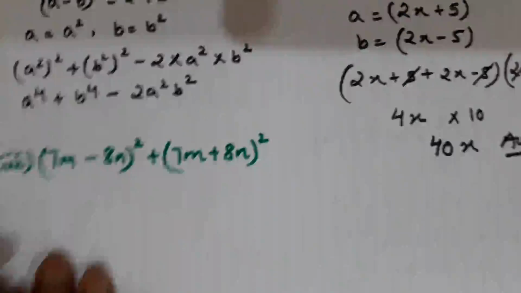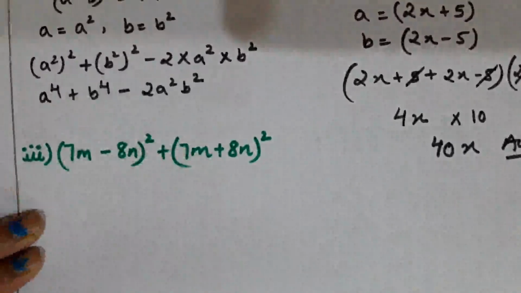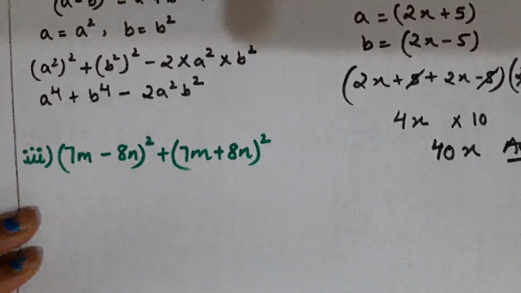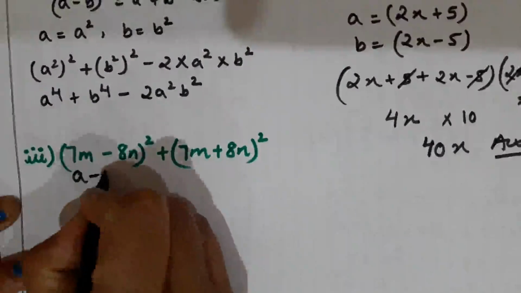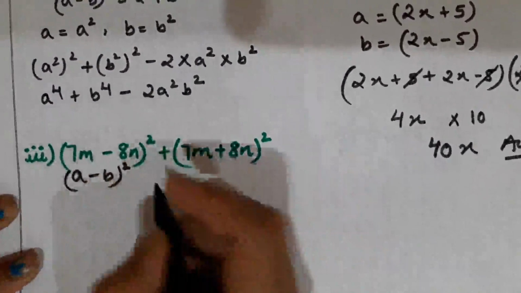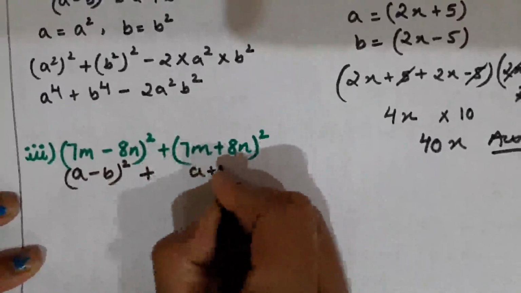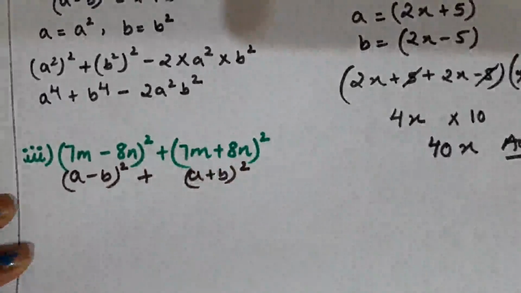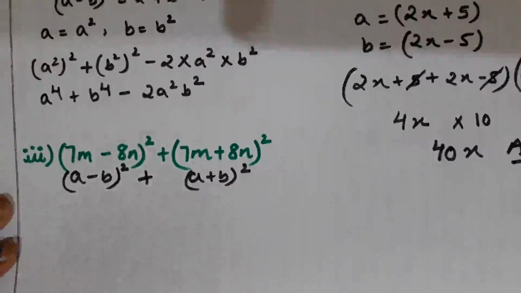Third part. So here in the third part you can use (a minus b) whole square on the leftmost side plus (a plus b) whole square on the rightmost side. After that you need to add.